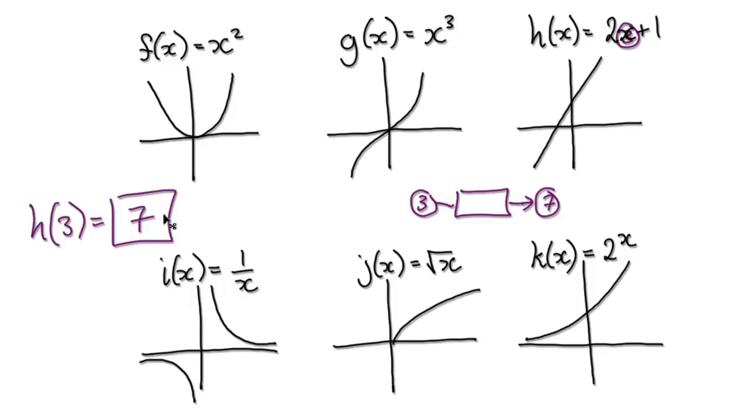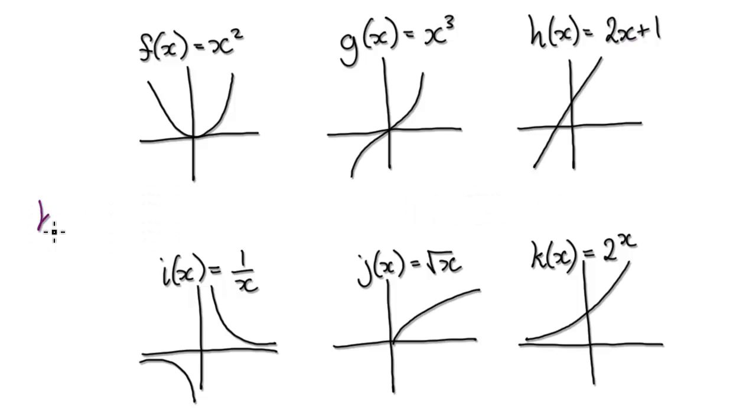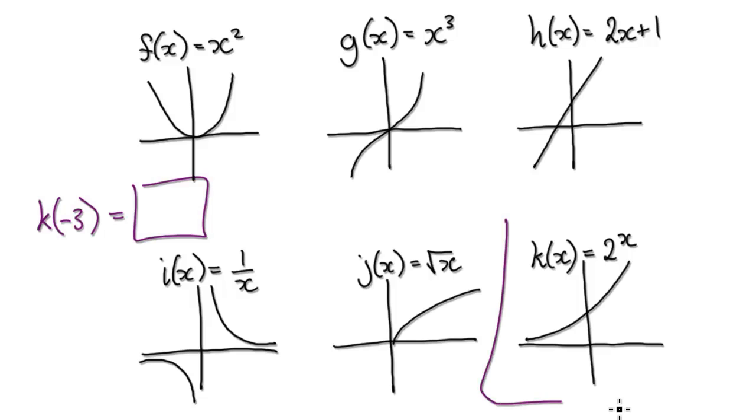Okay. Next one. What is k of negative 3? So press pause and have a go. Okay, so to do this, k is talking about this function. So basically I'm putting in negative 3. What will it spit out? So hang on, I've got to draw my machine.